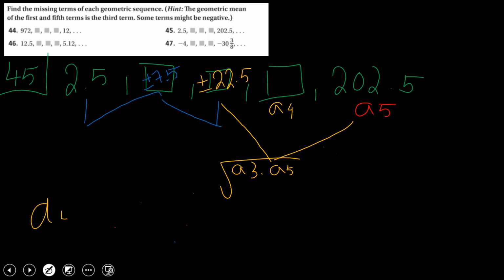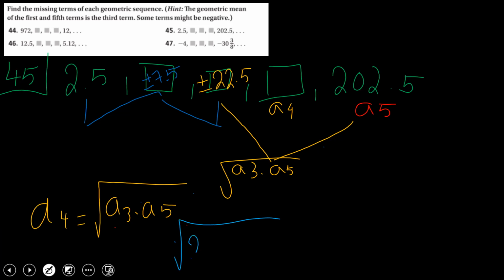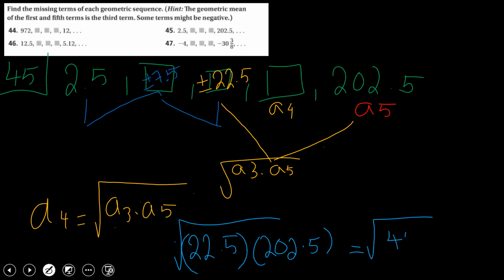So A sub 4 is the geometric mean of A sub 3 times A sub 5: 22.5 times 202.5, under the square root, is 4,556.25.